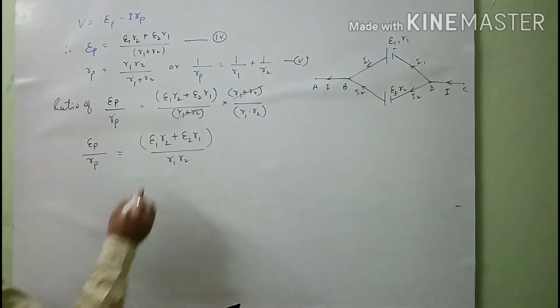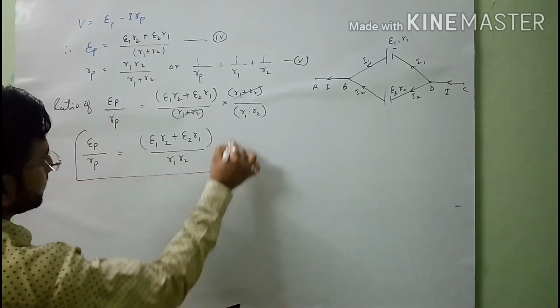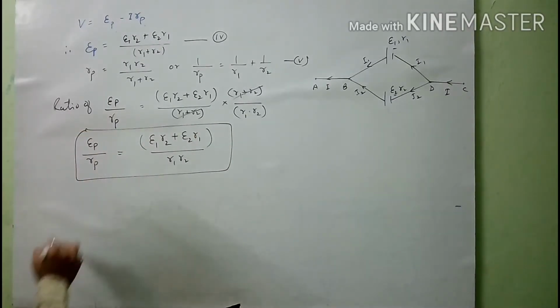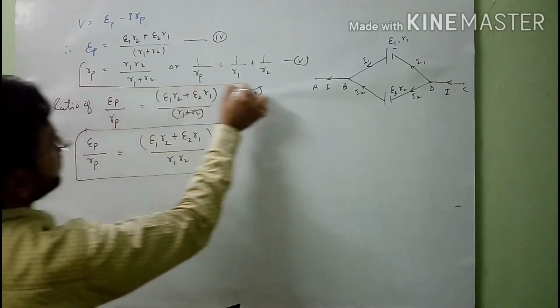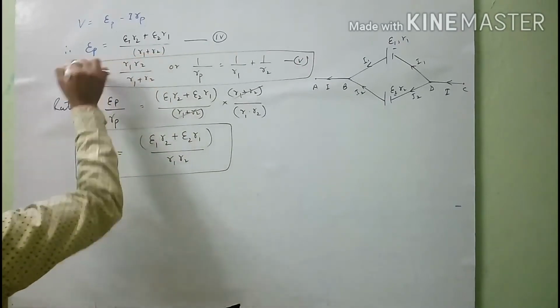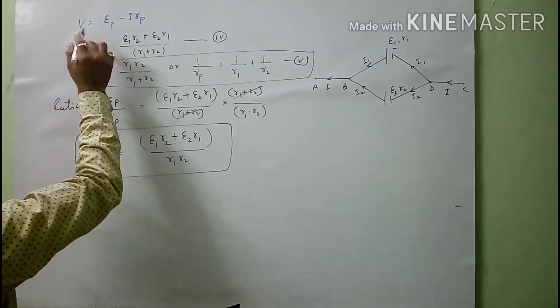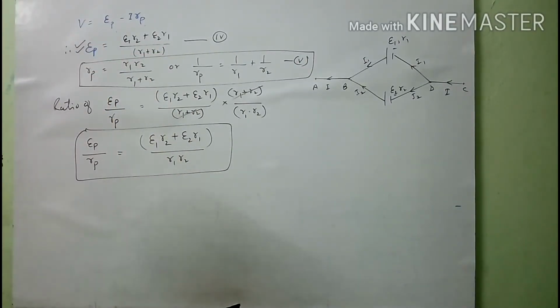So student, this is a ratio of EP over RP, and this one is our equivalent resistance in parallel combination, and this is the part which I will use in special cases.